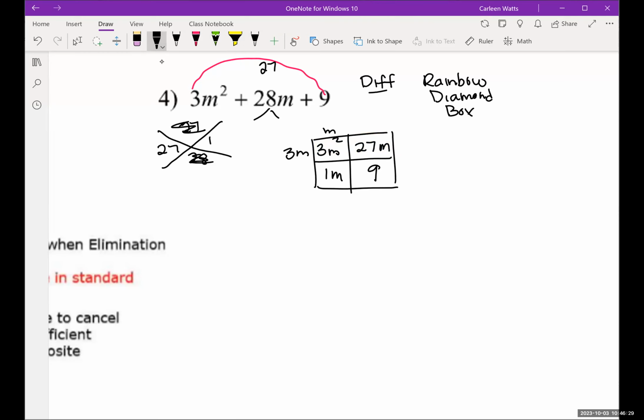So 3m times 9 is 27m. Awesome, thank you. M times 1, let's check. 1 times 9 is 9. Happy face. So this factors into 3m plus 1, m plus 9.